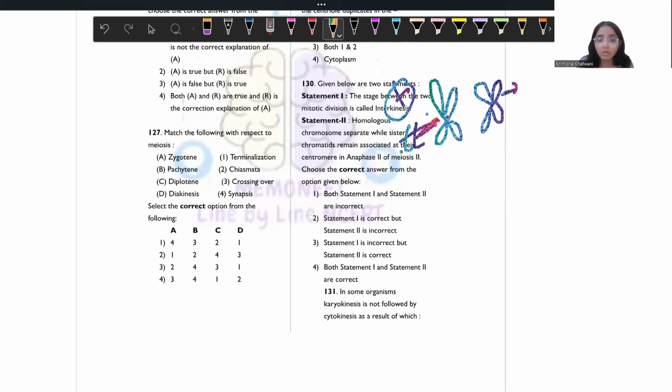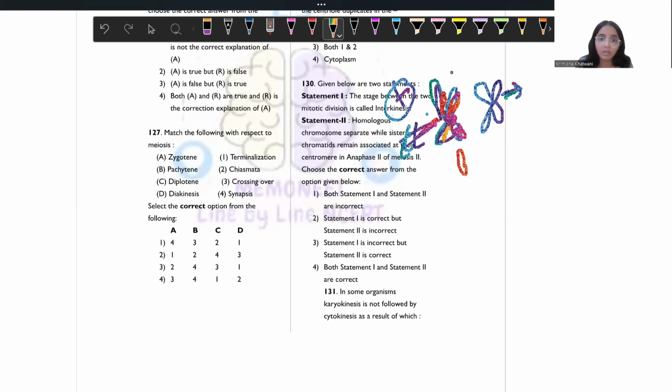So this chromosome will go to one pole, this chromosome will go to another pole. This is one chromatid, this is another chromatid. These remain attached at the centromere. The sister chromatids are not getting separated.